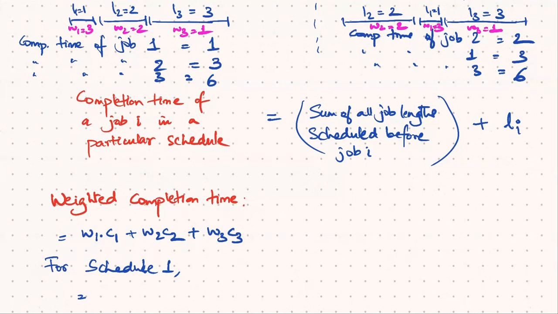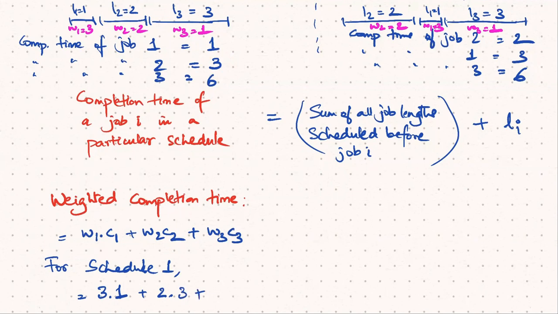So supposing we schedule the jobs like this, what is the weighted completion time of this schedule? For schedule 1, it is W1, so that's 3, times the completion time of job 1, which is 1. Plus W2, which is 2, times C2, and the completion time of job 2 in schedule 1 is 3.